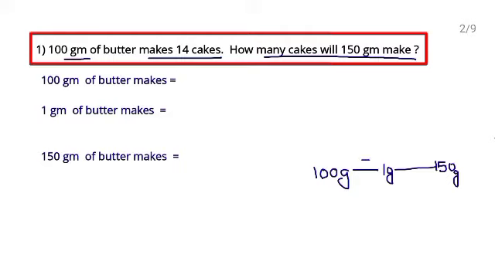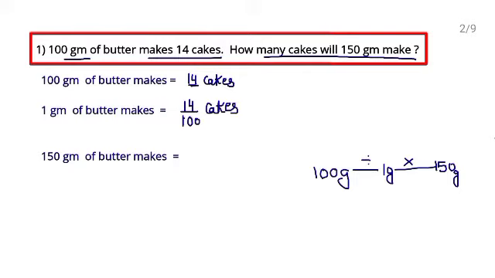Okay, so first of all we will divide and then multiply. So 100 gram of butter makes 14 cakes, right? 1 gram of butter will make 14 को divide कर देंगे, it means 14 के denominator में 100 आ जाएगा. 14 upon 100 cakes, right?